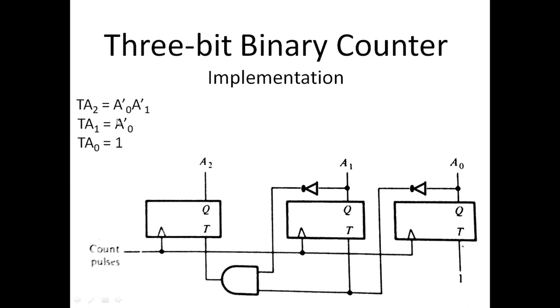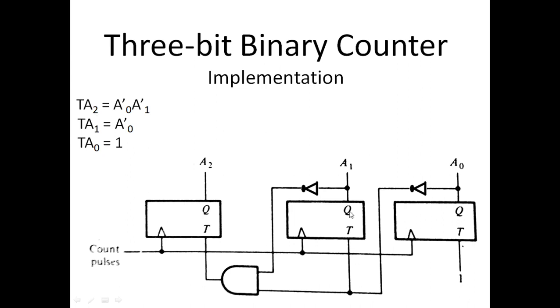Similarly, the T input of flip-flop 2 is defined to be A0 prime and A1 prime. We get A0 prime from here, we get A1 prime from here, and we AND these two variables, and we get the output which is connected with the T input of flip-flop 2.